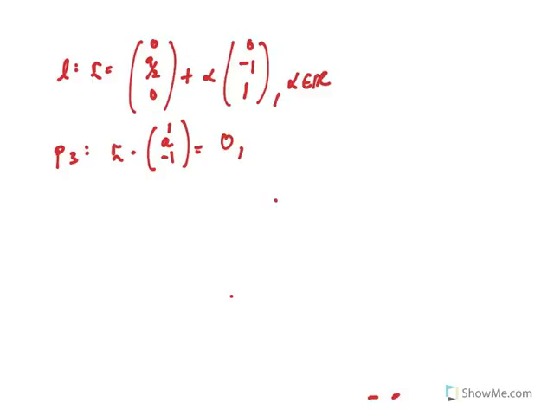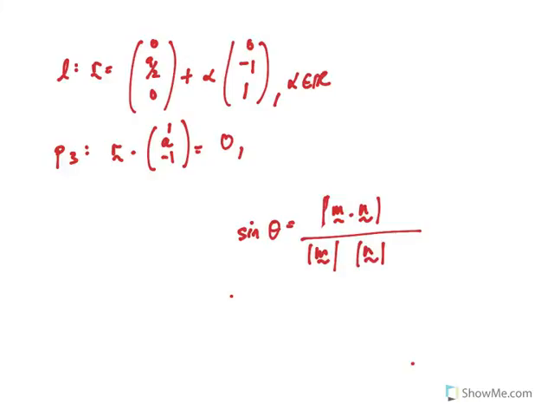Alright, and here you just recall that we have studied before the angle between a line and a plane. If you talk about a line and a plane, this is sine theta equals mod of m dot n, where m is the direction vector of the line, n is the normal of the plane, over mod m mod n, like that.